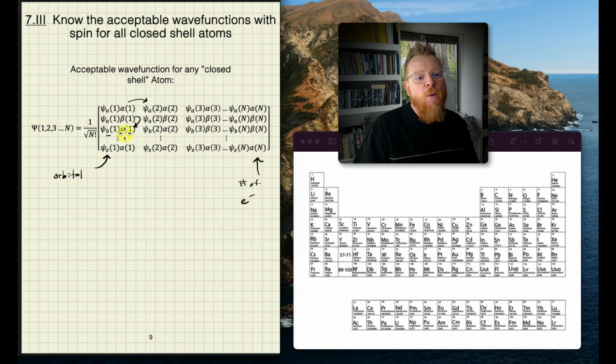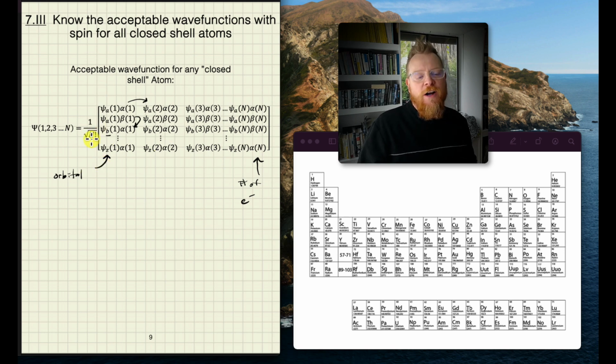We'll have Psi B1, alpha 1, Psi B2, alpha 2, all the way out to the beta possibility. I should have kept all these as alpha, alpha, and then the next possibilities would be beta, beta, all the way down to our zth orbital, okay?